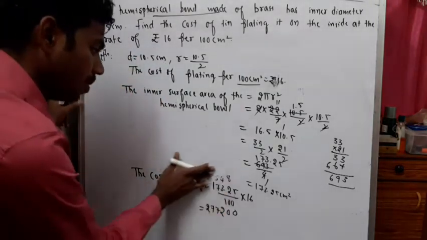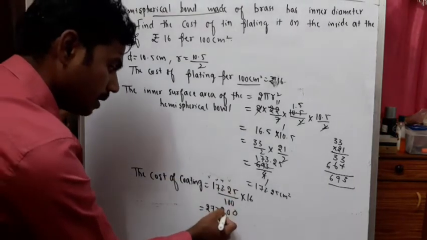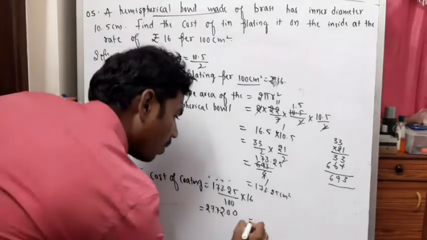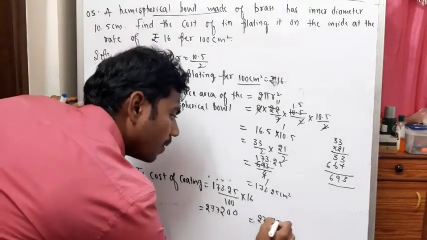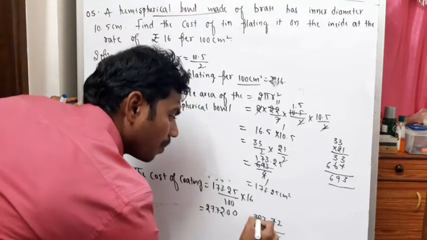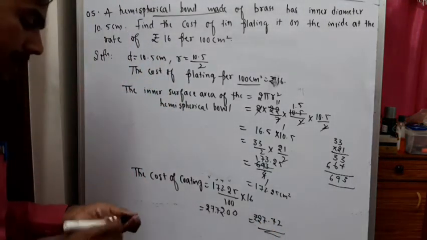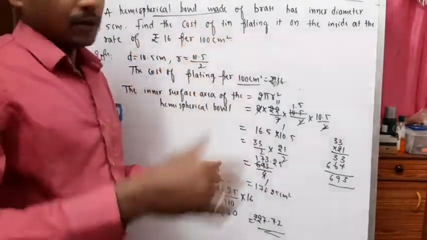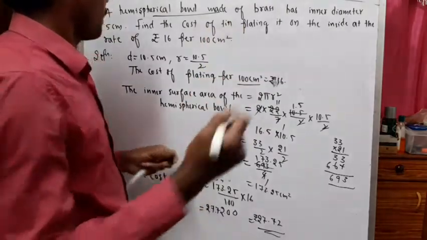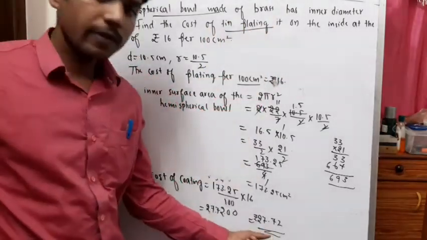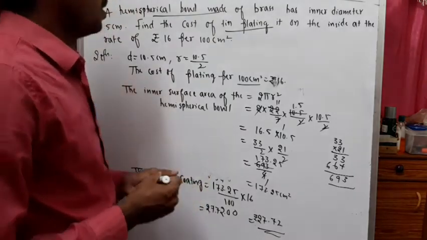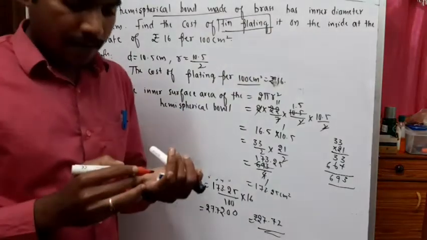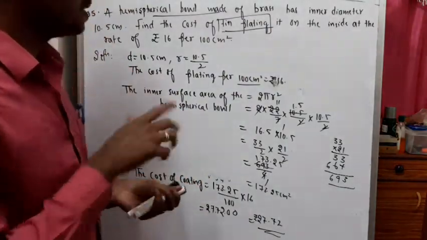Okay, so these two decimals, that is 27.72 rupees. 27 rupees 72 paisa is required to plate the tin plating the inner surface area of the ball. Okay, please note this down.